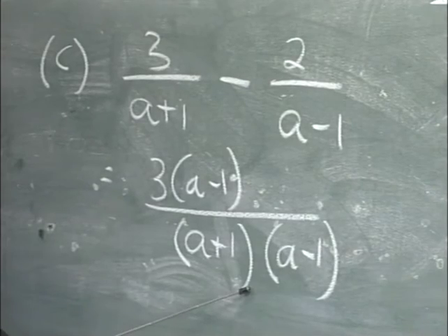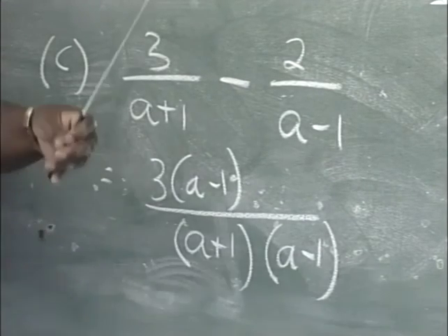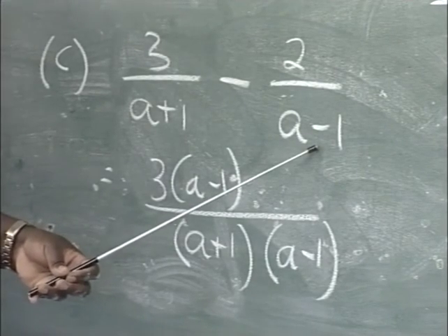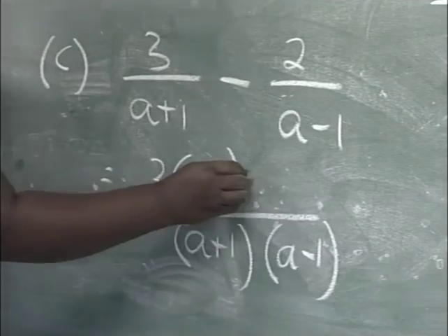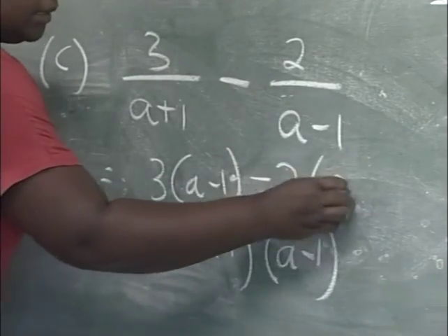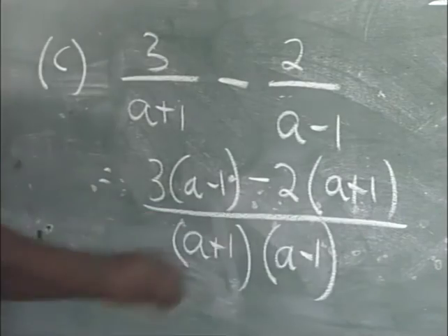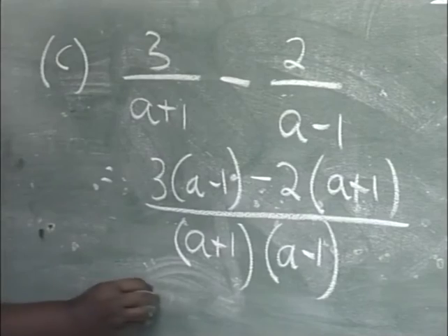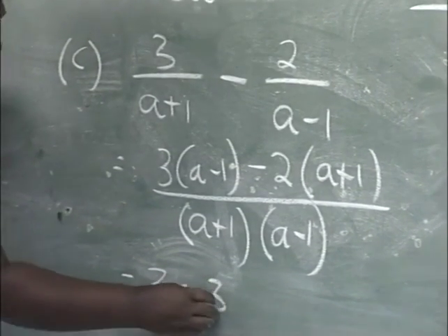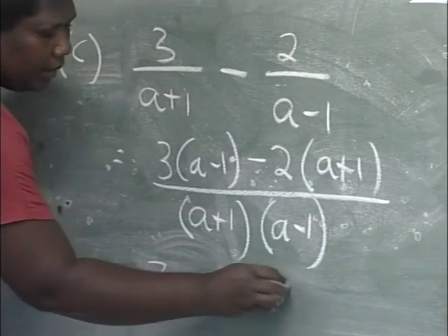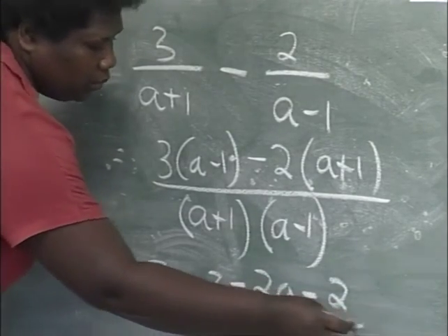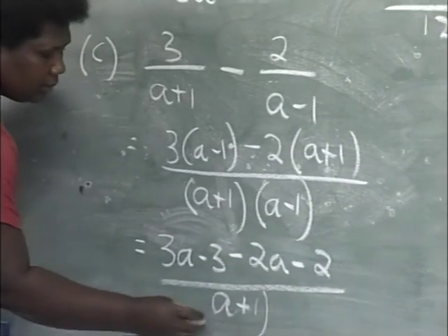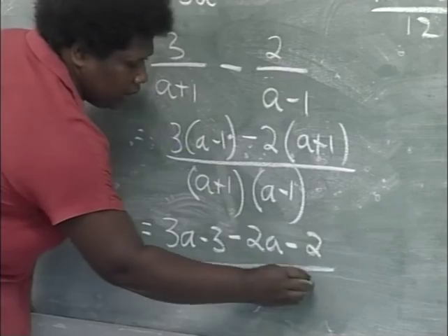Then I divide by A minus 1: A plus 1 times A minus 1 divided by A minus 1 leaves me with A plus 1. So minus 2 times A plus 1. All right, which is 3A minus 3 minus 2A minus 2 over A plus 1 times A minus 1.